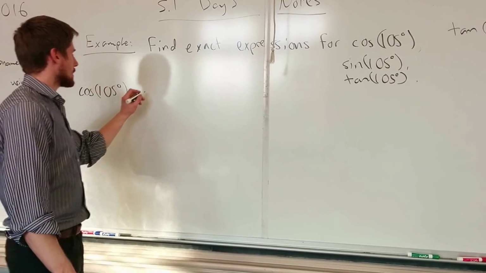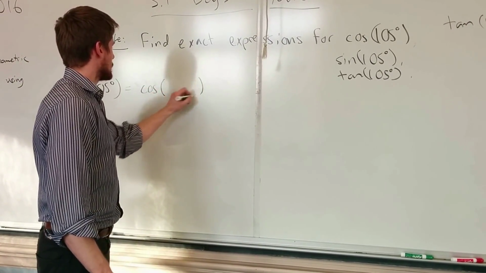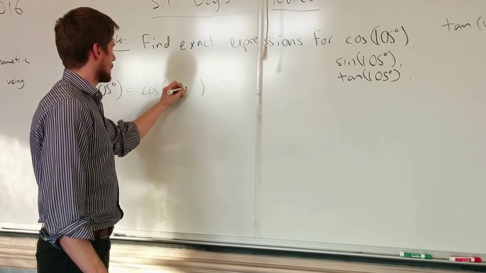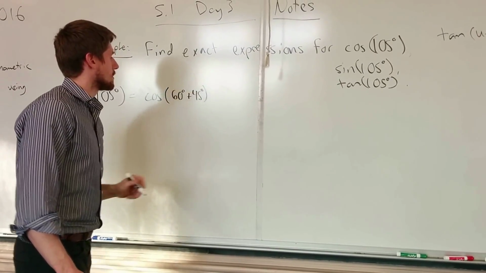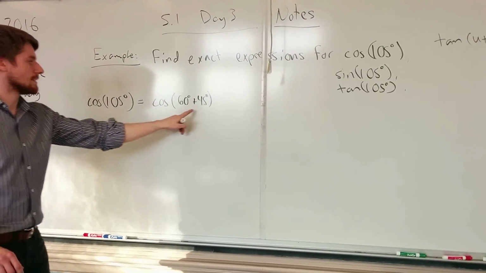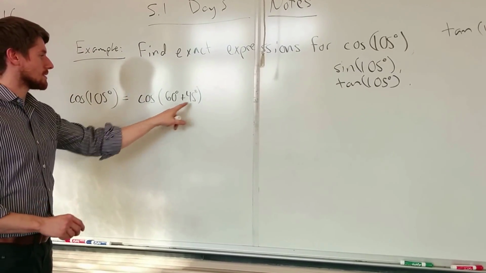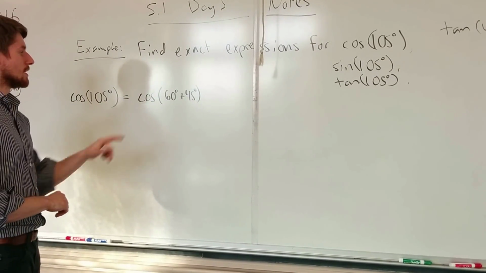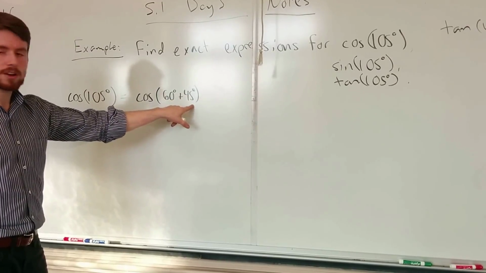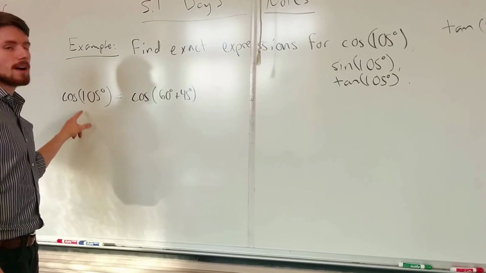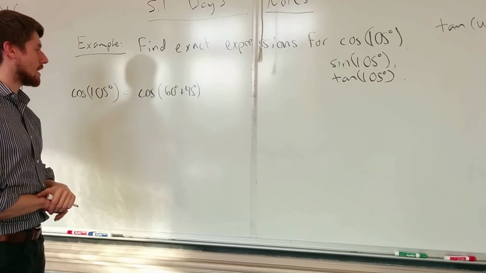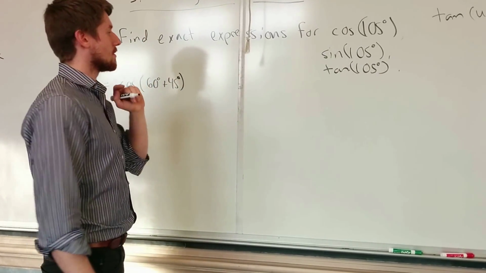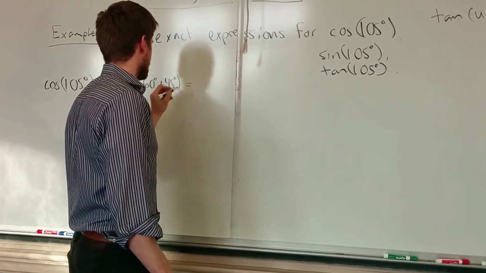Well, I think 60 and 45 together, if I add these angles, I get 105, right? 60 plus 45 is 105 degrees. So I know cosine of 60 and I know cosine of 45, so I'm going to be able to find out what cosine of 105 is by using my angle sum identity.